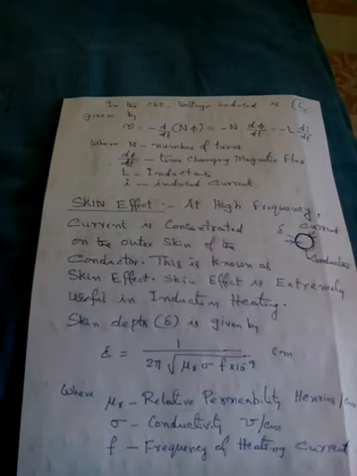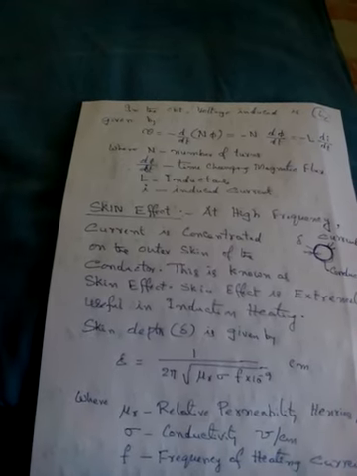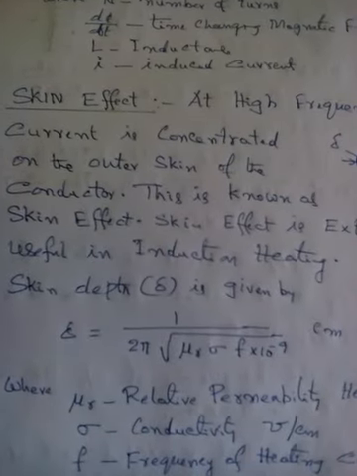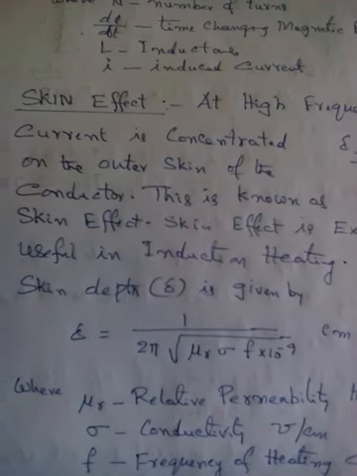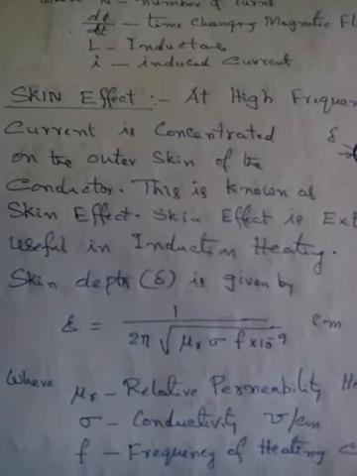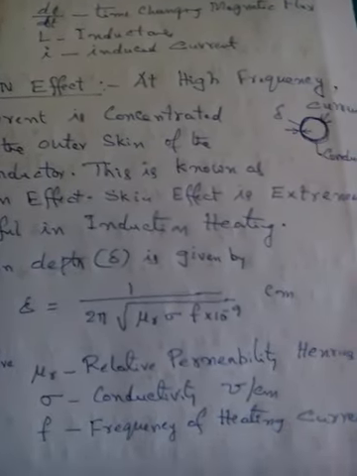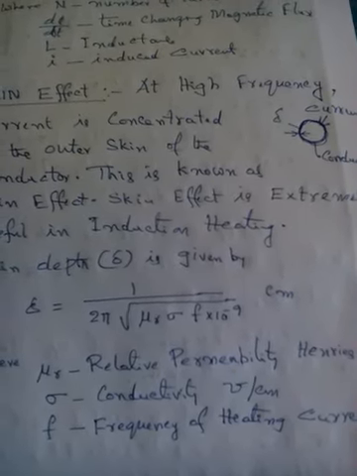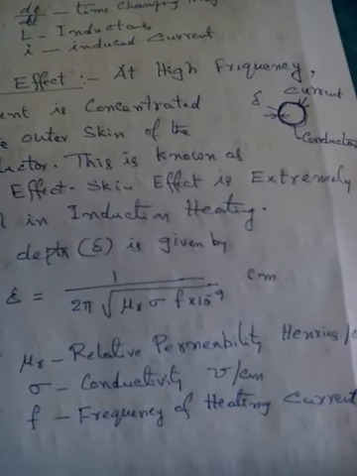So the high frequency current is concentrated only on the outer skin of the conductor. This is known as skin effect. Skin effect is extremely useful in induction heating. Skin depth is given by delta equals 1 by 2 pi square root of mu r sigma f into 10 to the power minus 9 centimeters, where mu r is relative permeability, sigma is conductivity, and f is the frequency of the heating current source.